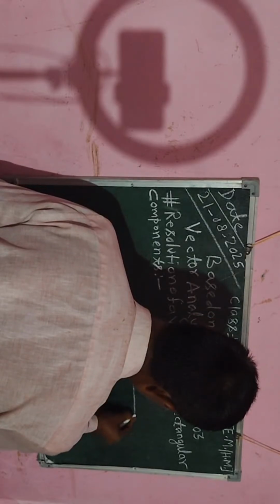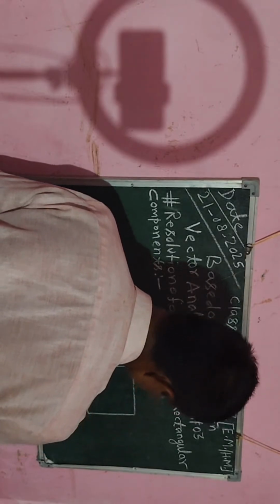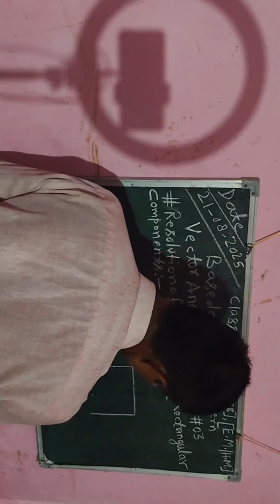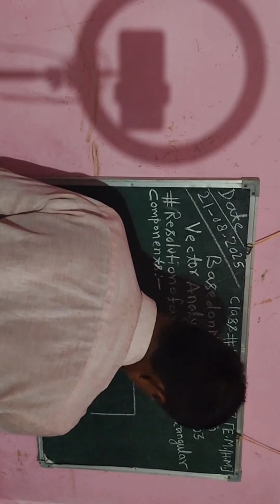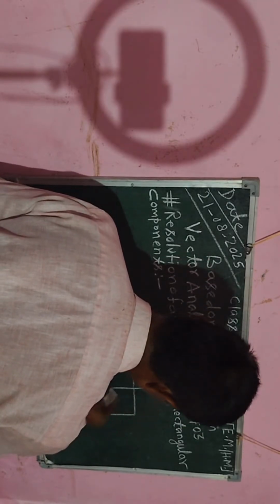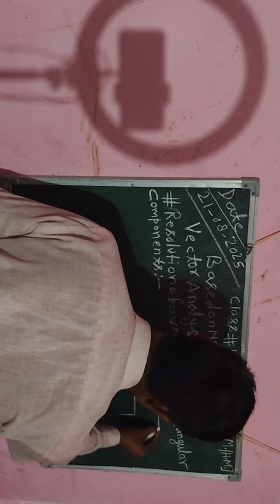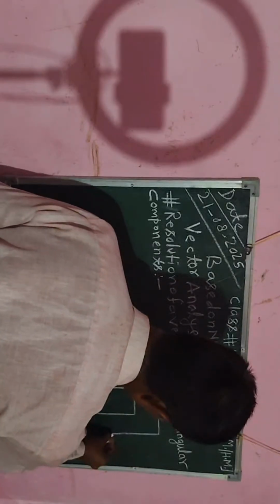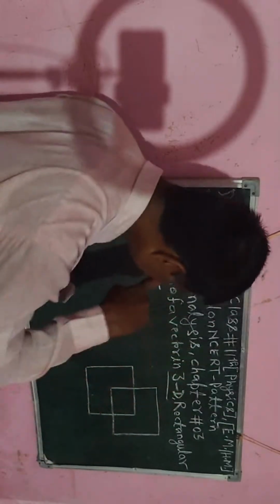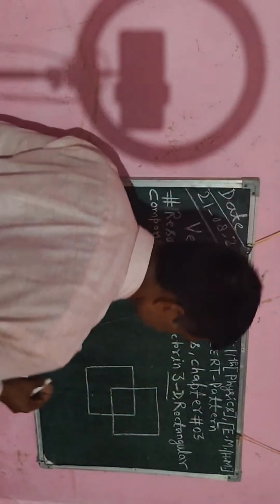Here I have drawn it, because I have written rectangular, so I will make an appropriate rectangle. So two rectangles I will draw like this, because 3D I have drawn here in 2D. If you imagine, you will understand each and every piece of information.